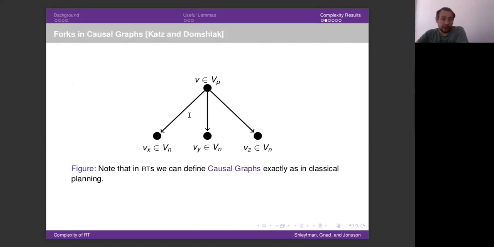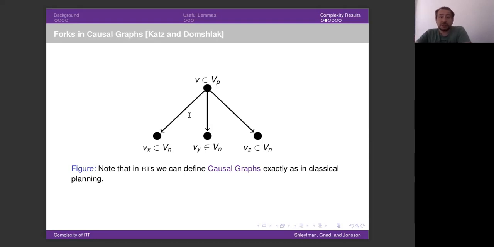Okay, let's expand this and see if we can say something more on the tasks that have some specific causal graph structures. Those are causal graphs, as defined by Katz and Domshlak.